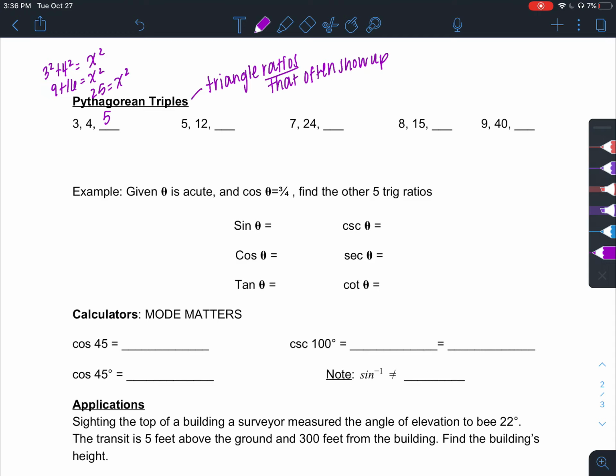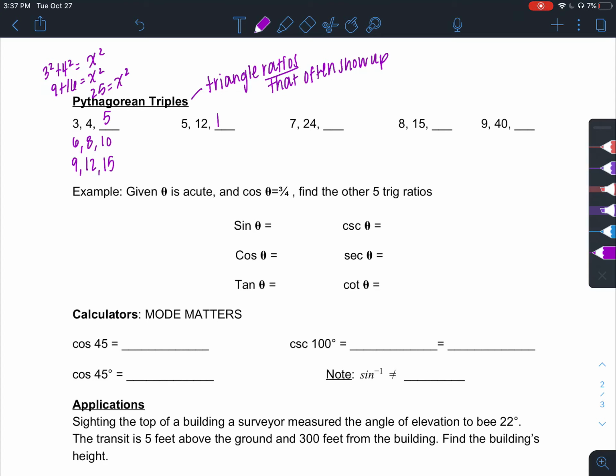So it could be a lot of different things. If I were to take each of these and say 6, 8, 10, just multiply them all by 2, that's still a 3, 4, 5 triangle. Same thing if I do 3. So 9, 12, 15. Okay, so those are just ratios that are going to often show up.